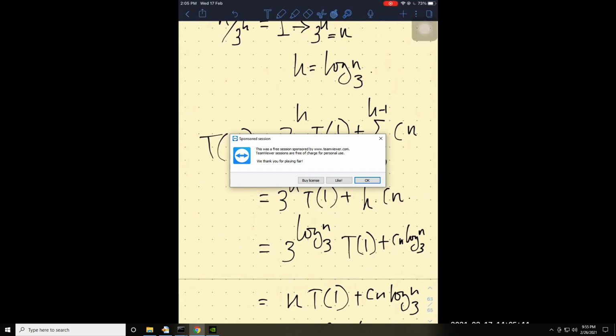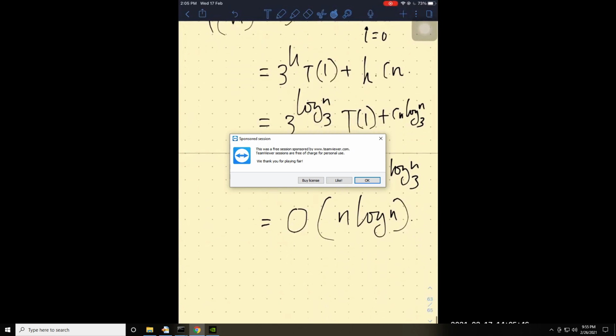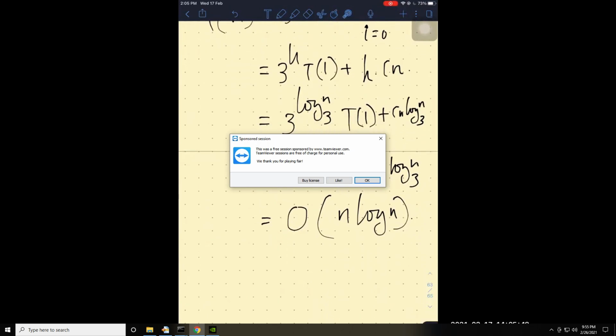Then just by solving it, we get that the highest degree term in this equation was this one, c times n log n, as we assume that c is greater than 0. So the growth rate of this part will be higher than that part. Therefore, the runtime of this algorithm is big O of n log n. Any confusion?